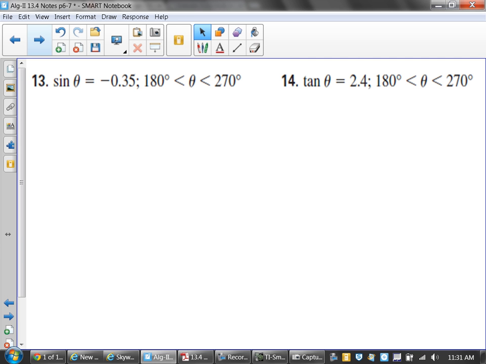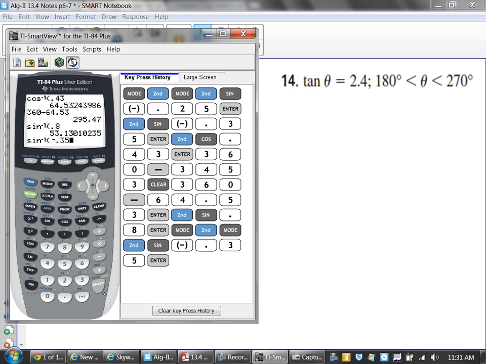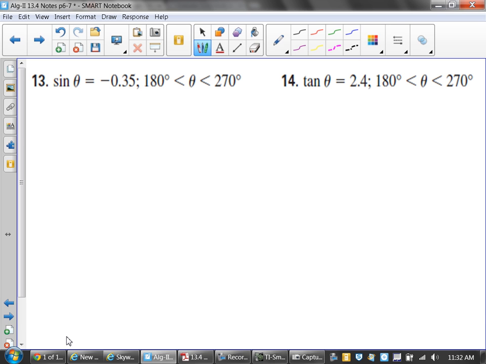Again, when you're working with the sine, it was inverse sine of negative 0.35. Negative 20.49. Everybody agree? All right, 20.49. Now remember, when you're dealing with the inverse sine function, you're looking at first or fourth quadrant.